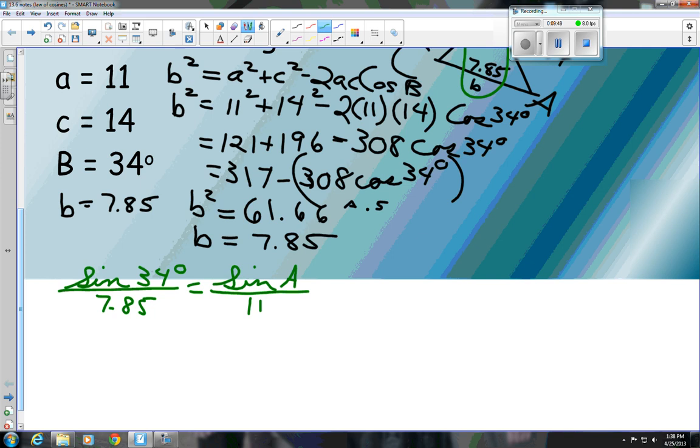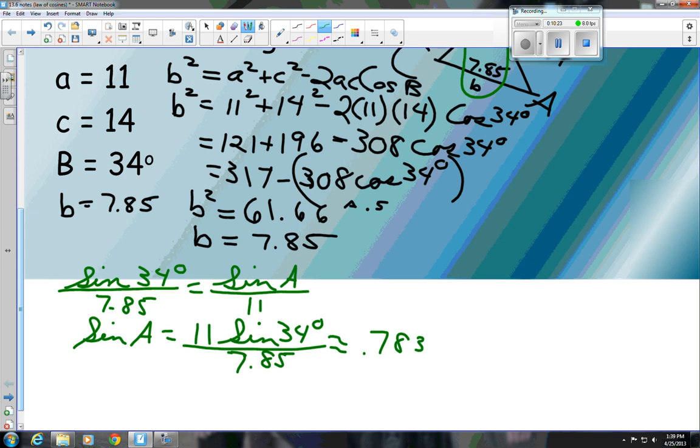Okay, so I'm going to have sine of A equals 11 sine of 34 degrees over 7.85, and don't round it. I got about 0.7835, and so on.